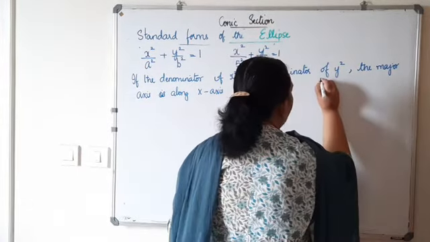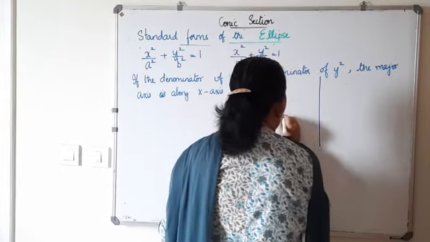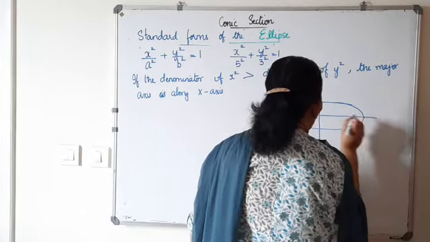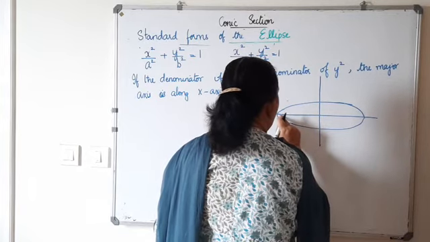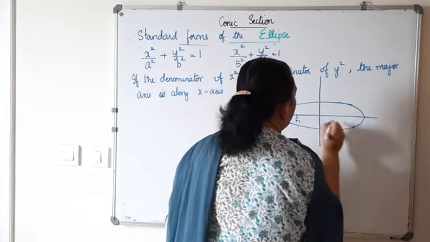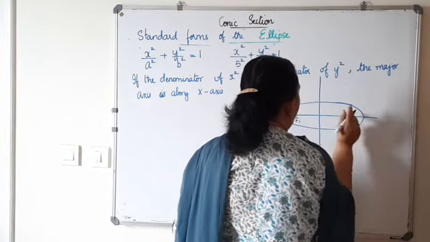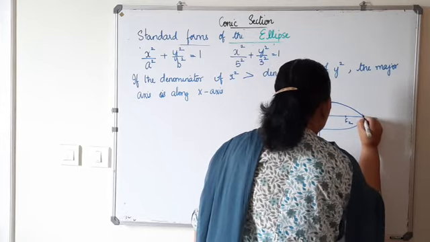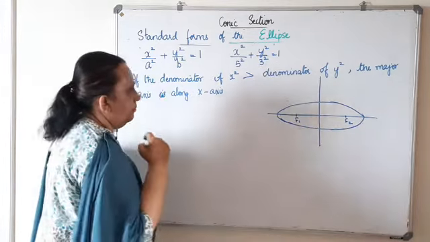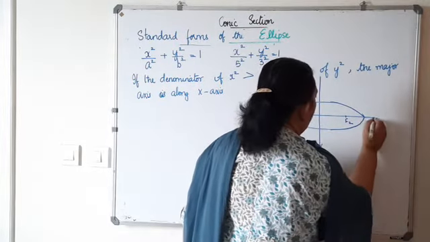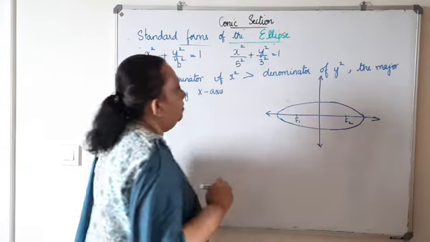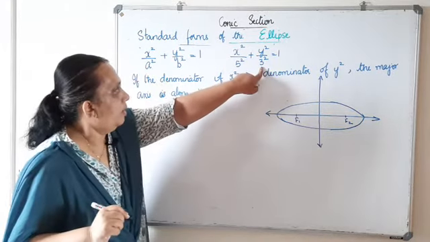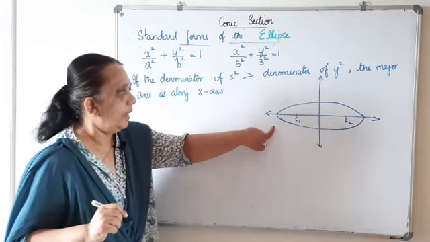So the major axis is along the x-axis because the denominator of x squared is greater than the denominator of y squared.